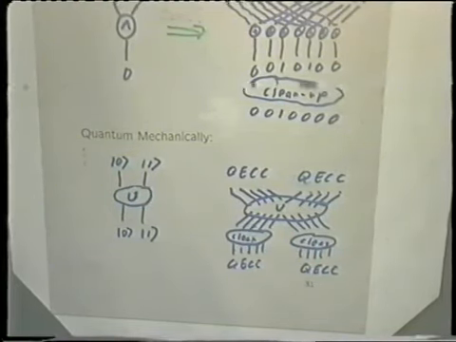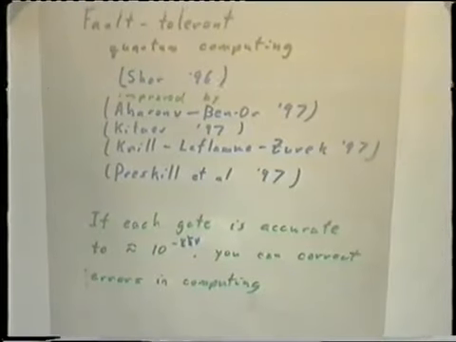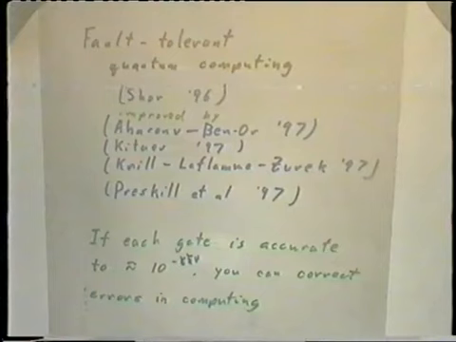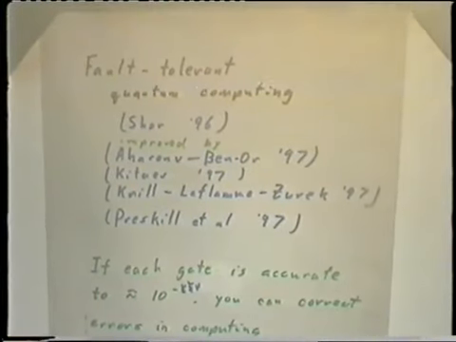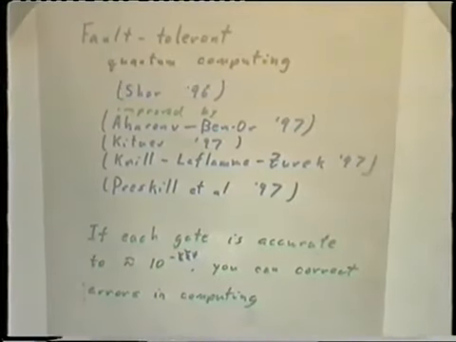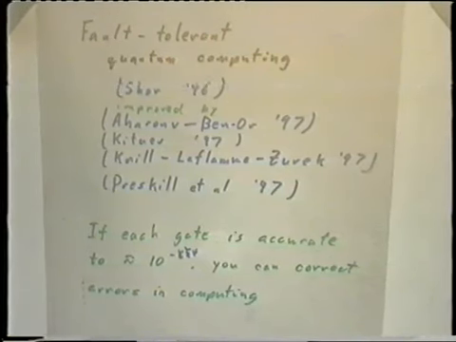And, well, another open question. There's a whole bunch of work on fault-tolerant quantum computing, and what it looks like right now is that if each gate is accurate to 1 part in, say, 10 to the 4th, and it may have gone down a little bit since then, you can correct errors in quantum computing.